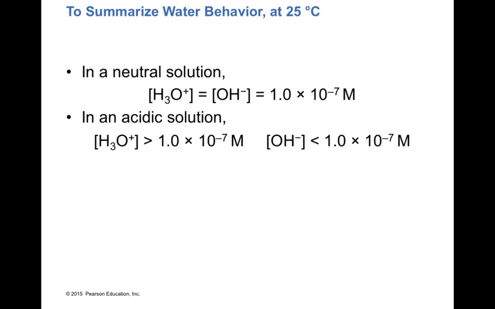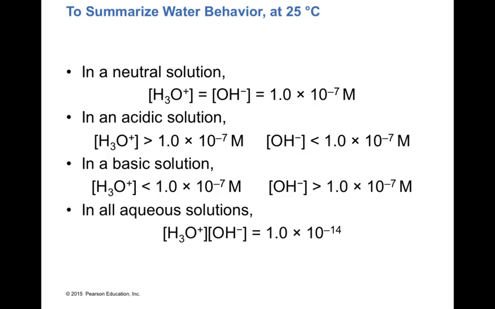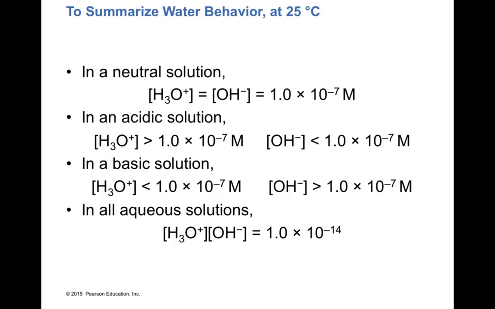If we have a basic solution, the concentration of H3O is going to be lower than the concentration of OH. And for all aqueous solutions, the concentration of hydronium ion times the concentration of hydroxide is going to be equal to the Kw. The Kw is 1.0 times 10 to the power of minus 14.